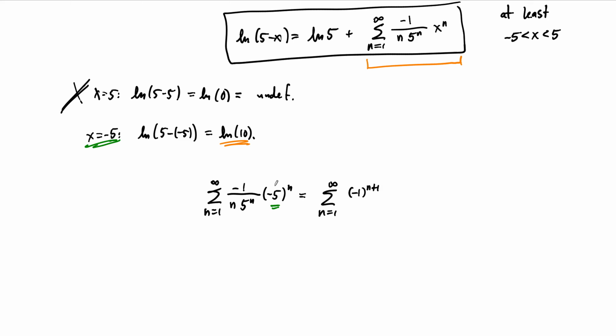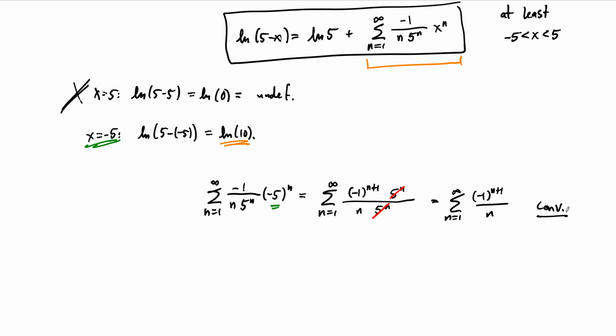We've got negative 1 to the n and another one here, times 5 to the n upstairs, times n 5 to the n downstairs, right? These two cancel. And look what we're left with. We get at least a portion of our alternating harmonic series. The harmonic series itself we know is divergent, but the alternating harmonic series is convergent.